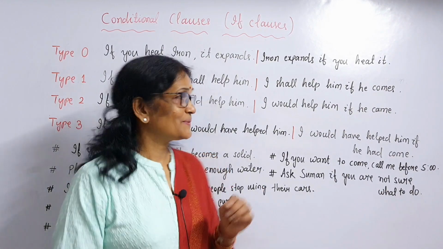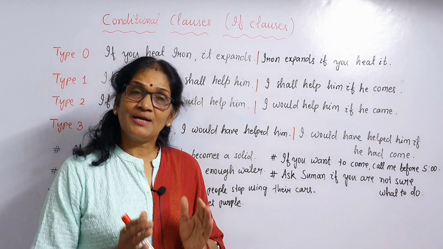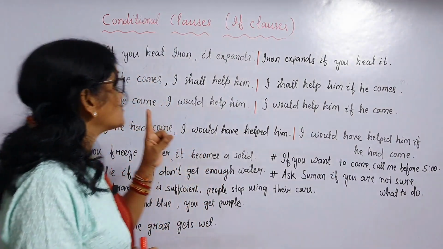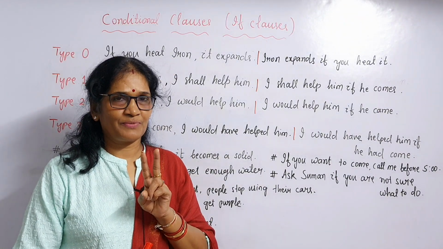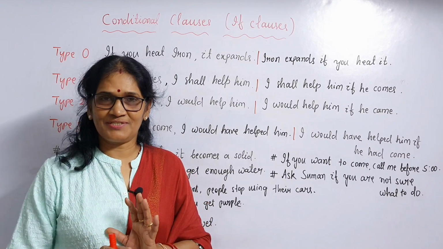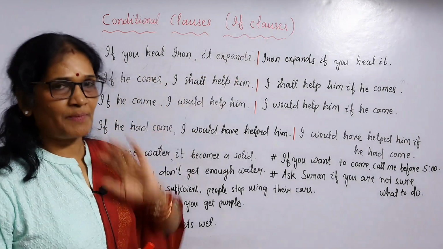Let's get started. Conditional clauses, or if clauses. Condition means we condition something, right? So in conditional clauses, there must be two parts. One is the if clause, another is the result. If you heat iron, it expands.